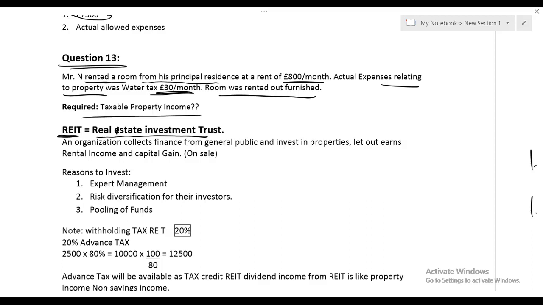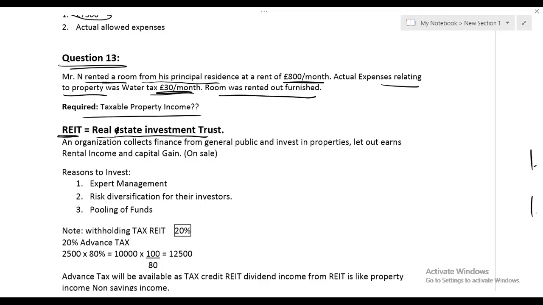Now listen, and listen carefully. Whatever dividend income is coming from a real estate investment trust, that income will be treated as non-saving property income.